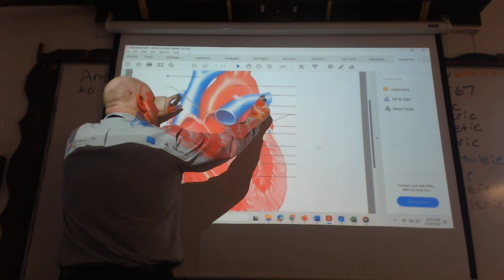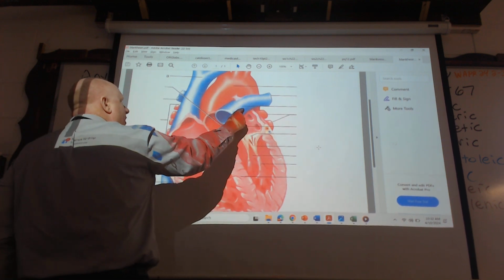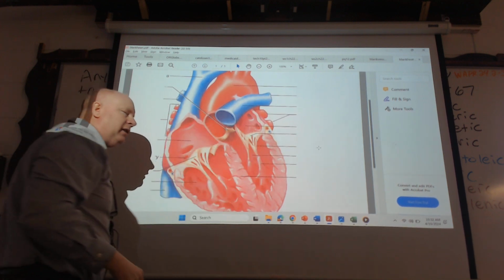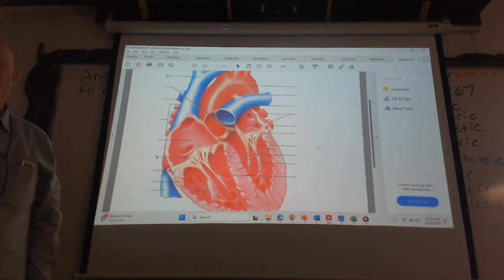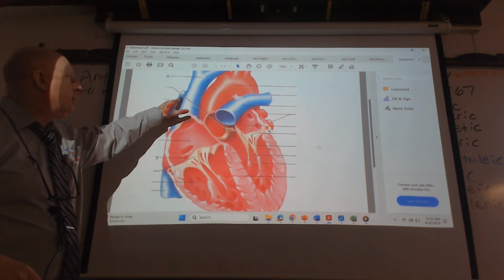But what's the difference between these two? Here we can say pulmonary artery. Here and here we need to be a little more specific. Yeah, because this is the left pulmonary artery, this is the right pulmonary artery.